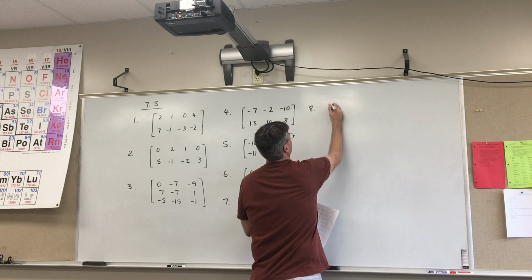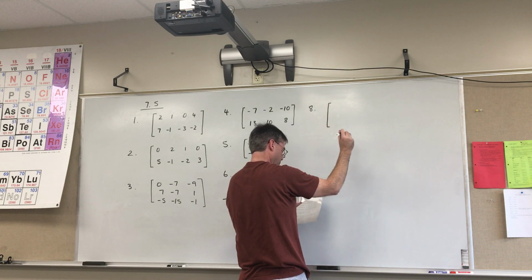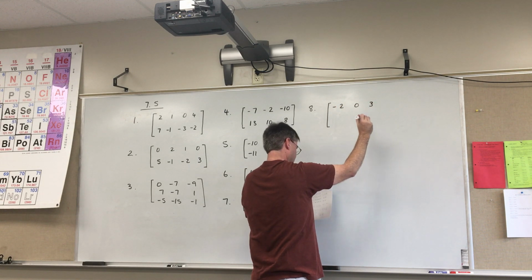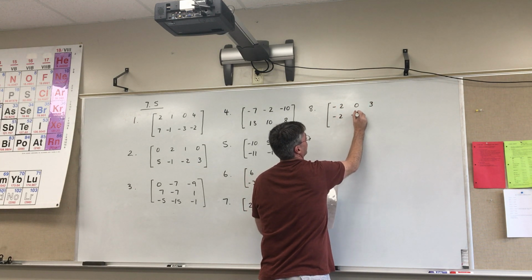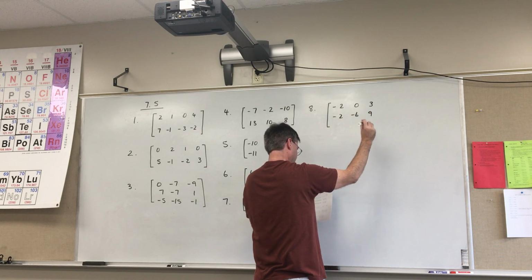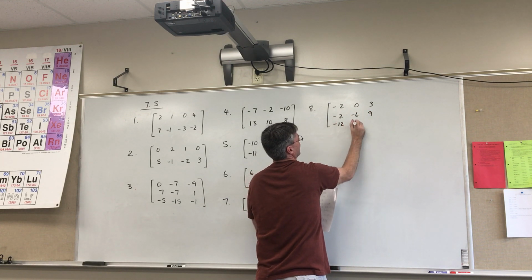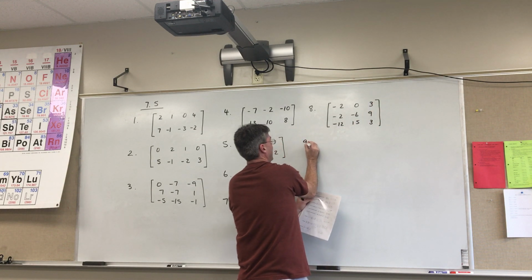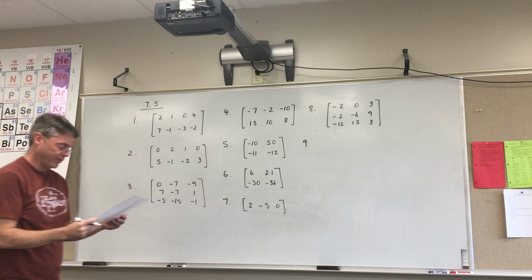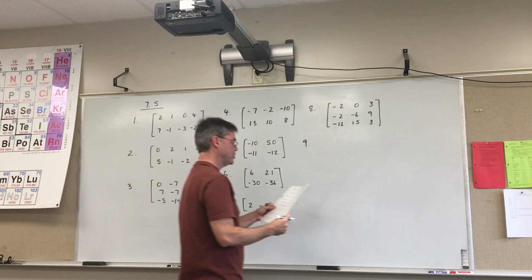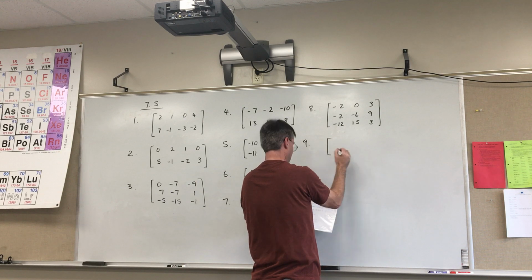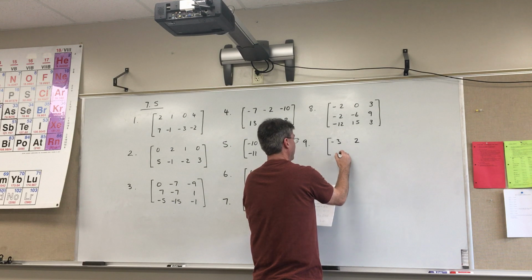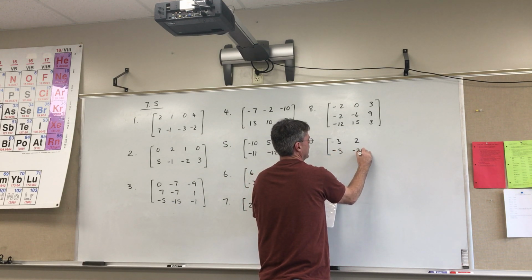Number 8 is a 3x3: -2, 0, 3, -2, -6, 9, and -12, 15, 3. And finally, number 9 is a 2x2: -3, 2, -5, -26.